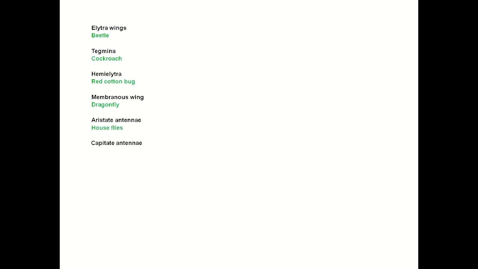Elytra type of wing is present in beetles. Tegmina type of wing present in cockroach. Hemielytra type of wing present in red cotton bug. Membranous wings present in dragonflies. Aristate antenna seen in houseflies.